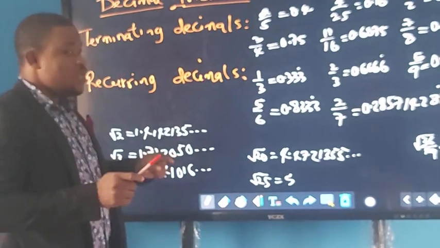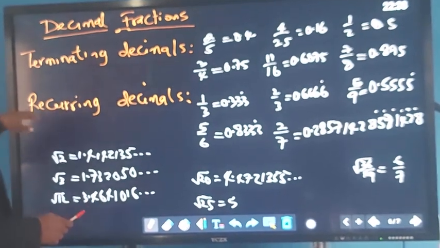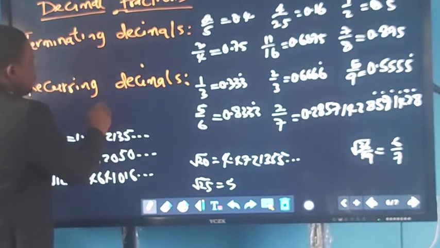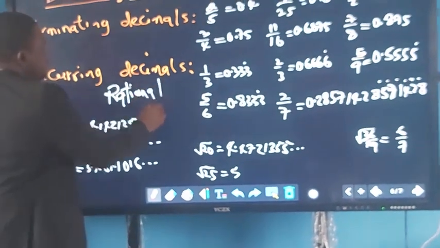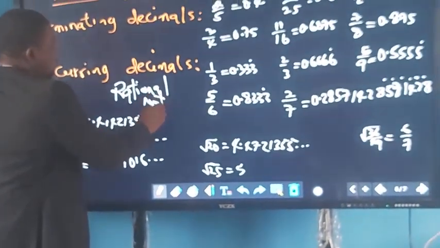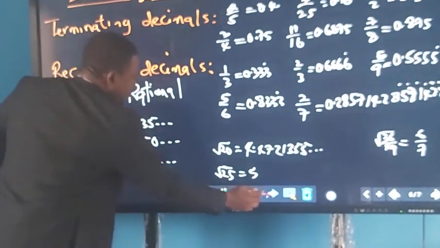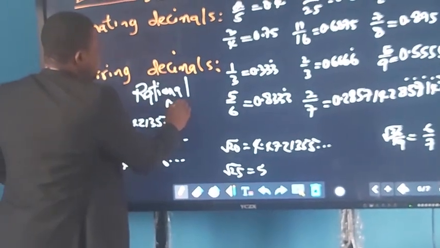And take note, any fraction that is a terminating decimal or a recurring decimal, we usually refer to those kinds of numbers as what now? As rational numbers. Very important. They are rational numbers.